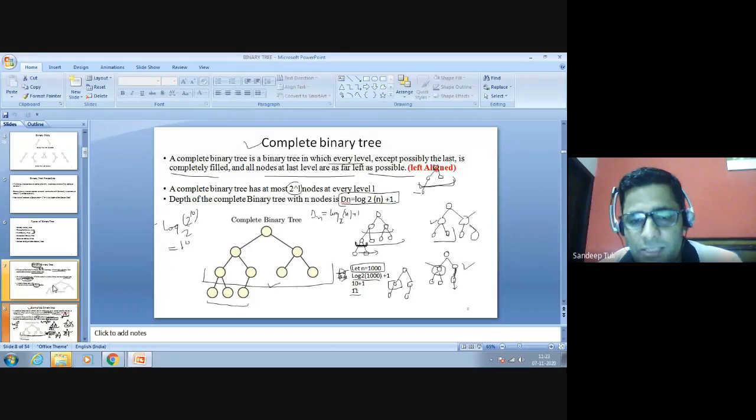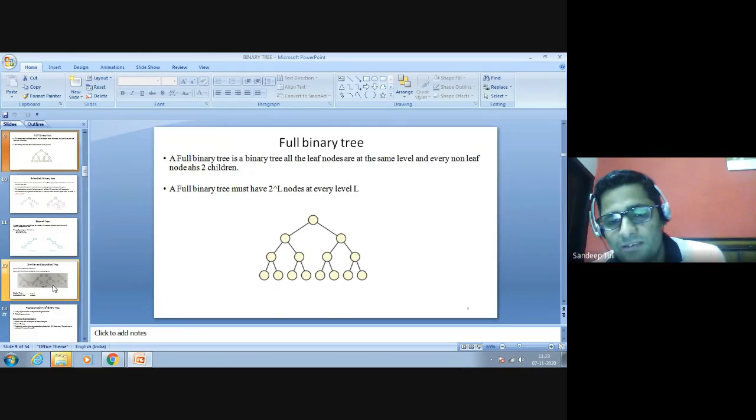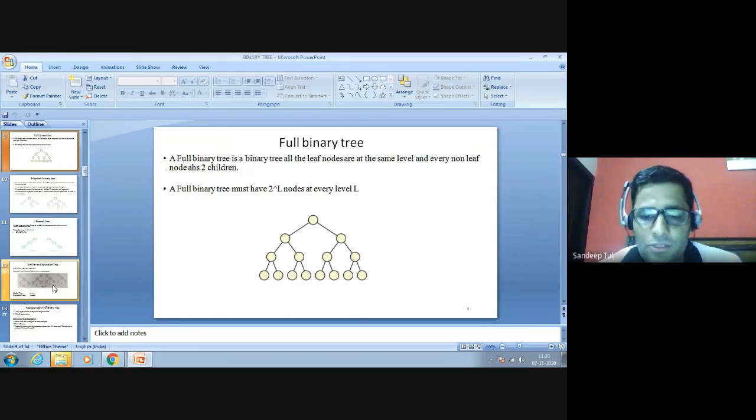And at the last one, all the nodes must be left aligned. It may be possible that in this also all the levels are completely filled. In that case, it will become a full binary tree. So a full binary tree is always a complete binary tree, but a complete binary tree need not necessarily be a full binary tree.